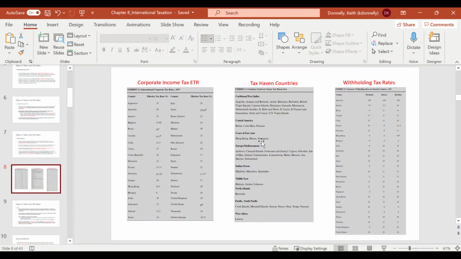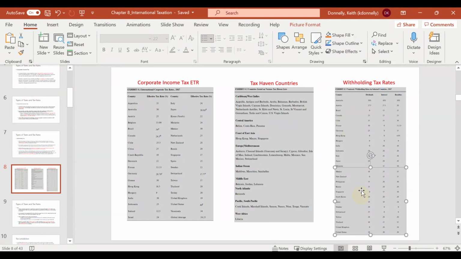Now, this is just showing you some examples here. So we have the corporate income tax rate that different countries impose. And this was based off of 2017. So since then, things have changed. This is showing some countries that are potentially tax havens where they have really low tax rates.